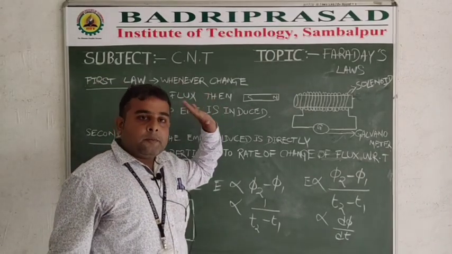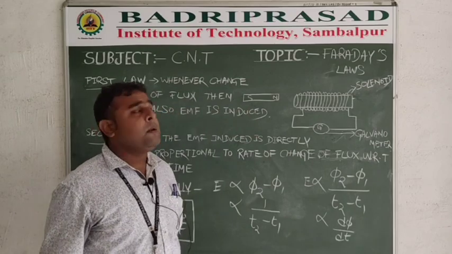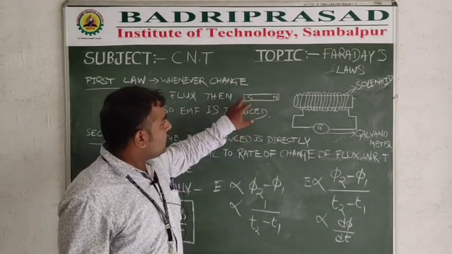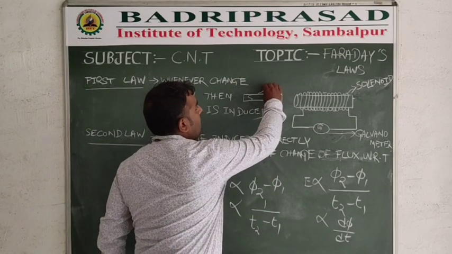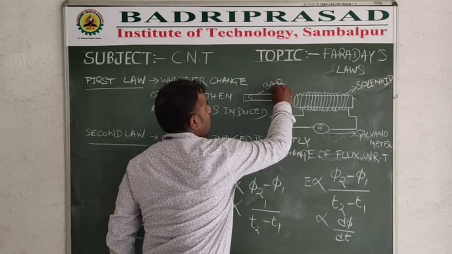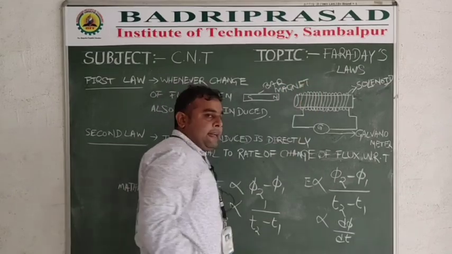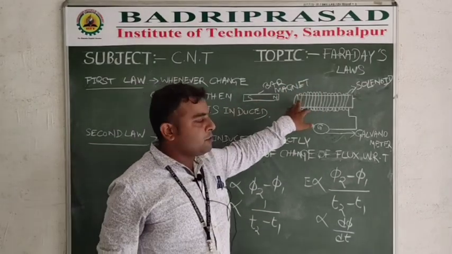So some apparatus are required for performing Faraday's laws of electromagnetic induction. First is your bar magnet, having N and S pole. Another is a solenoid.